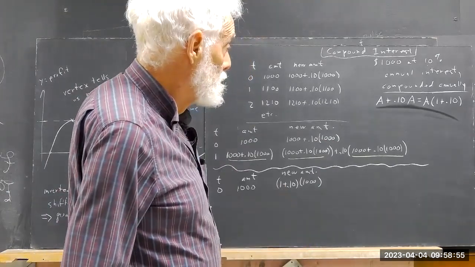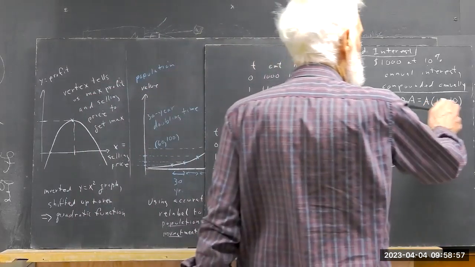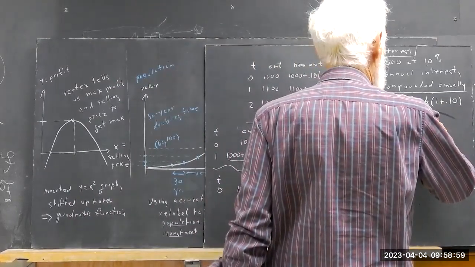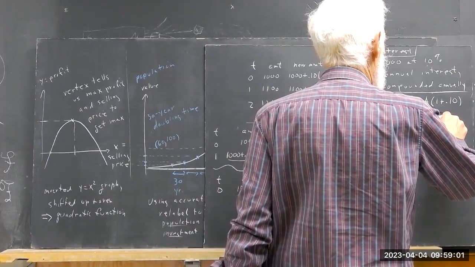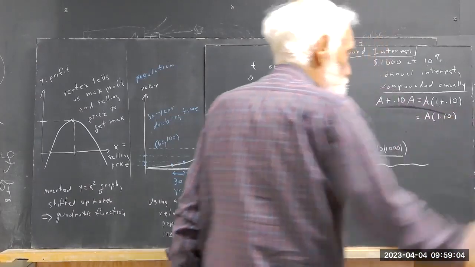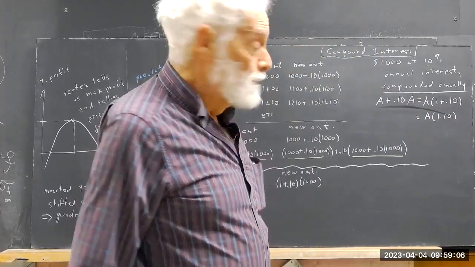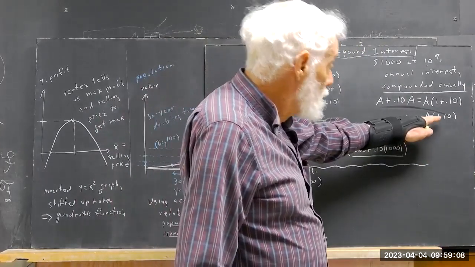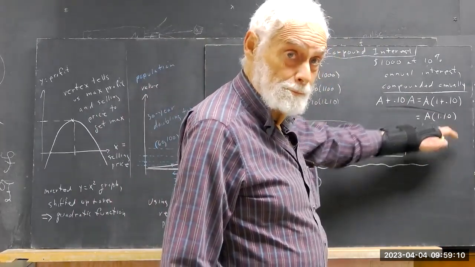But that's even a little too long. What's 1 plus 0.10? $1.10, right? So to add 10%, all I have to do is multiply by 1.10.